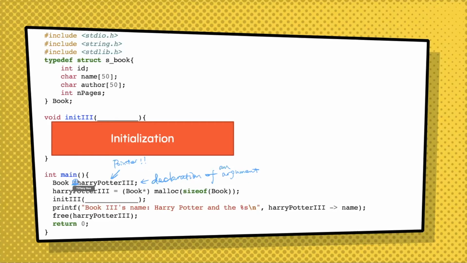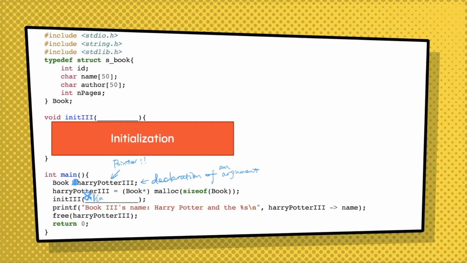And for the variable in the type of pointer, if you want to change the content, such as in this case the fields inside the struct of book, then you just pass that directly. So that's why you have Harry Potter without doing this. However, if you don't have that, meaning Harry Potter 1 or whatever argument is the actual book and not a pointer, then you want to use this. So the and sign means that you get the address.